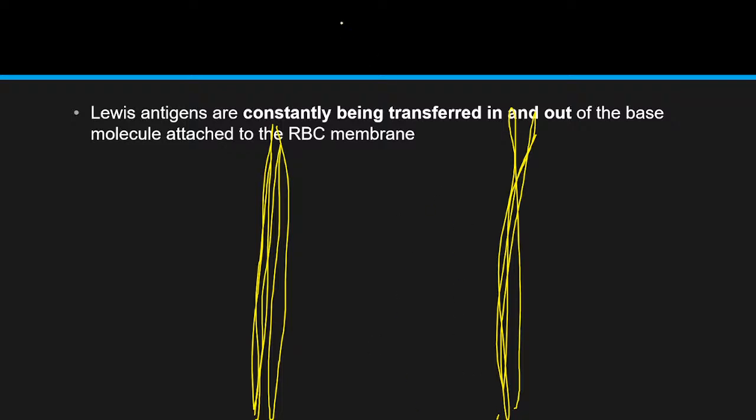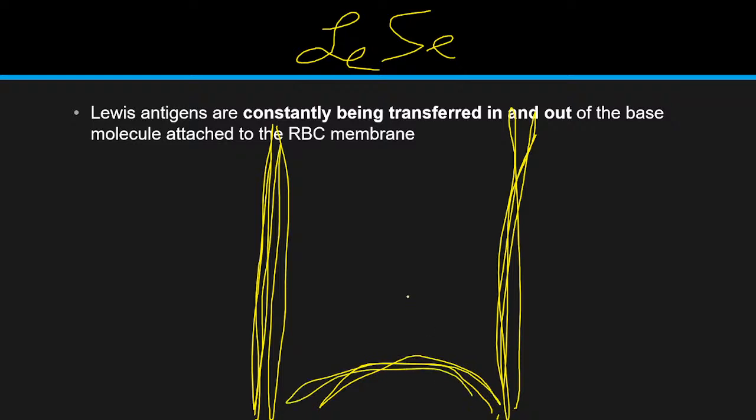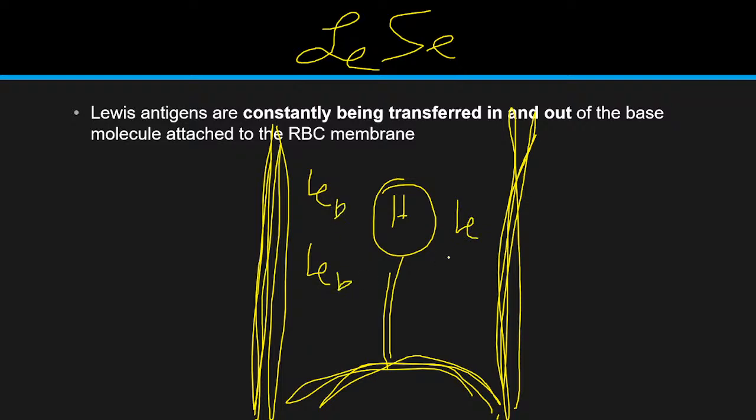Now, for example, your patient is LESE. They're going to constantly produce H antigens on the RBC surface, right? So this is going to be an H antigen, and around the surface of the RBC, you will keep attaching LEB. Why? Because this is the precursor molecule for the LEB blood type, or the LEB phenotype.